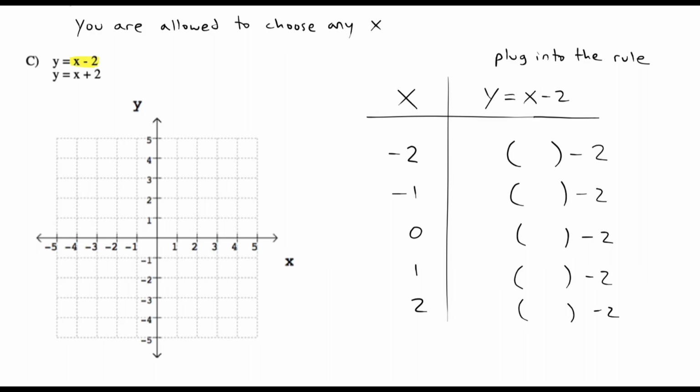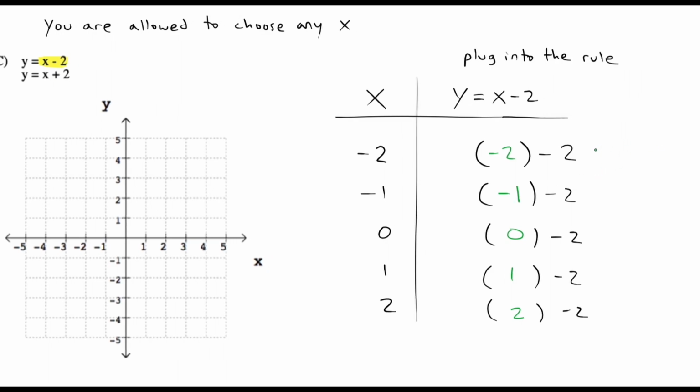And then you just go through and plug in one by one. Plug in your -2 for x. Then plug in your -1 for x, and just keep going like that until you have several pairs that you can plot. Let's find out what their answers are, though.